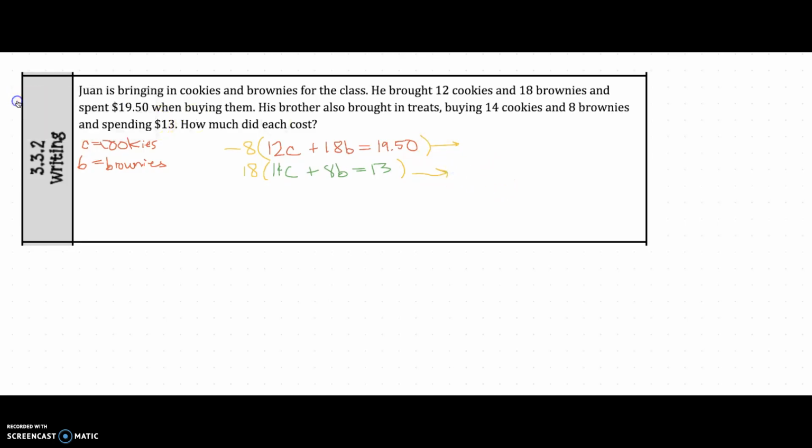So I'm going to write my new equations. So we first want to start multiplying. So negative 8 times 12 should give me negative 96. Then I have negative 8 times 18, which gives me negative 144B. And then I have negative 8 times 19.50, and that gives me negative 156.